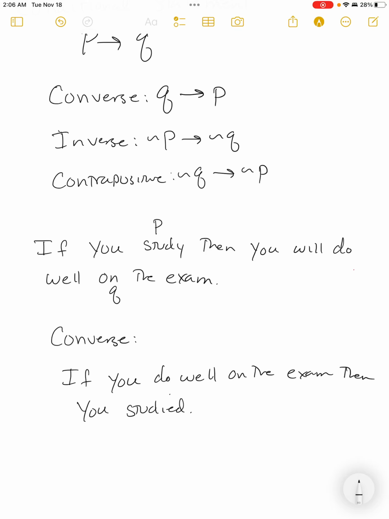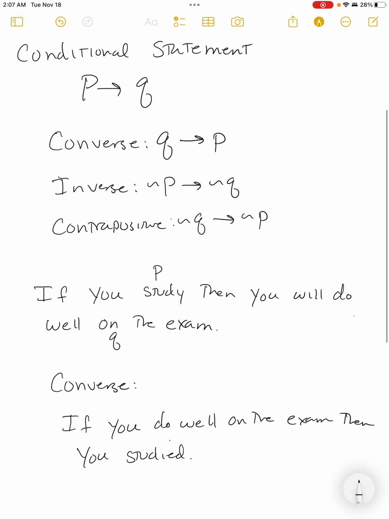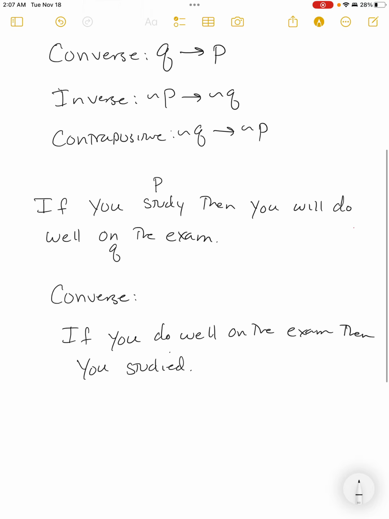So if you do well on the exam, then you studied. And so that is flipping the roles of P and Q, right? Where the doing well on the exam comes first. It doesn't actually have to be the case, right? We know plenty of people that do well on exams that don't study at all. And so even though the conditional statement is if you study, then you'll do well on the exam, its converse doesn't necessarily have to be true.